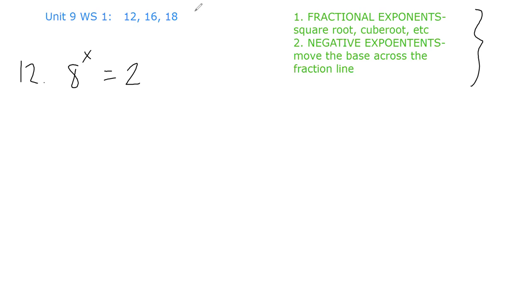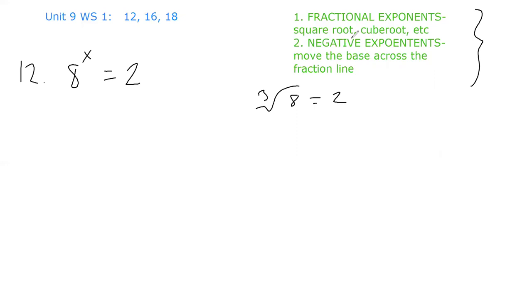Or you can just say, is there a root that I can take of 8 to give me 2? I know right off the top of my head that the cube root of 8 is 2, but I'm a math teacher, so some of you may remember that, but this is written as an exponent over here.